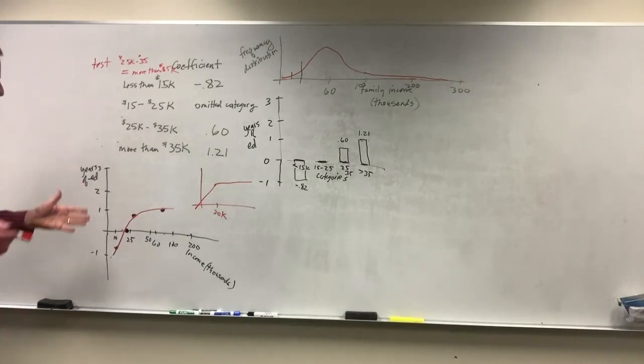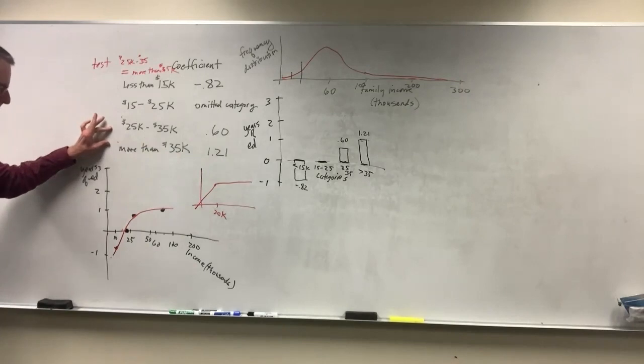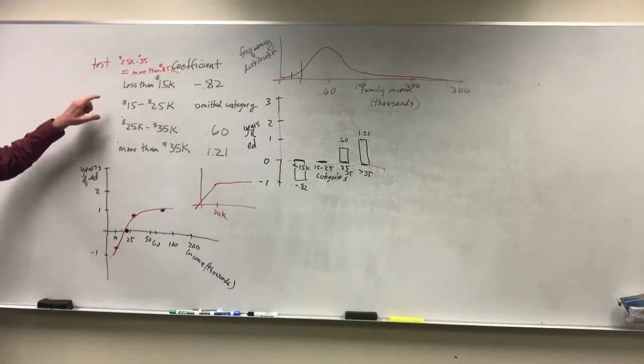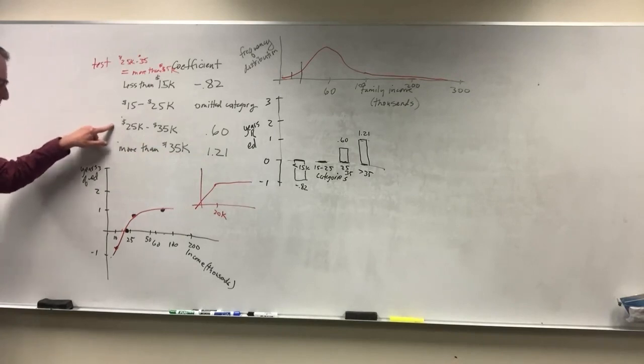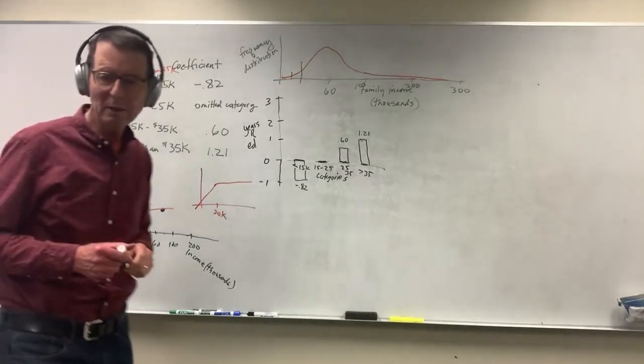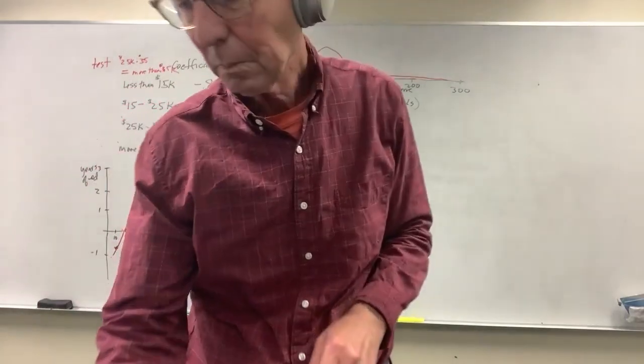And the significance level that you get from that test is exactly the same, you should try it, as the significance level if you omit this and look at this coefficient, or omit this and look at that coefficient. So two pretty straightforward ways of doing that test. All right, let me set up number 2.